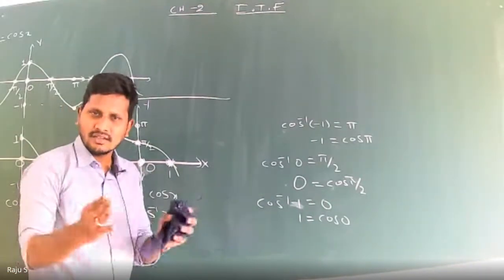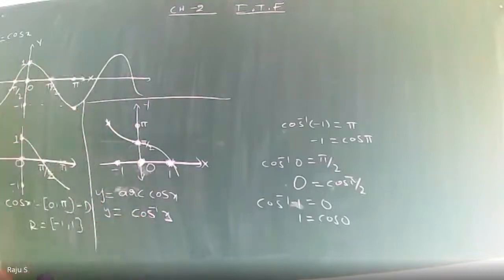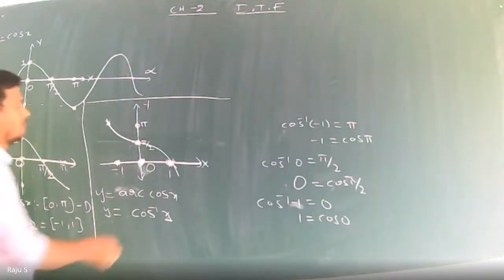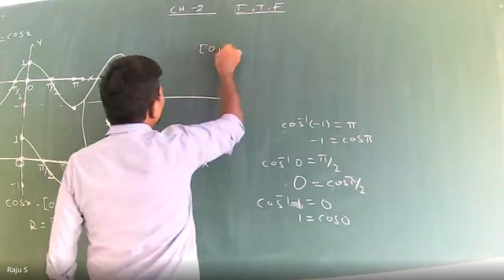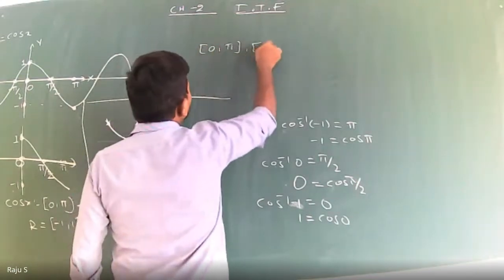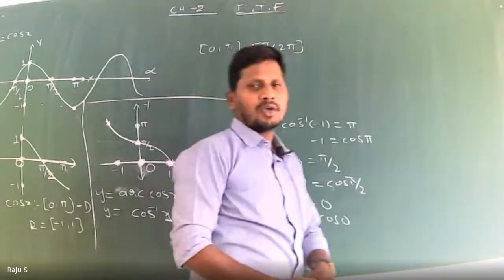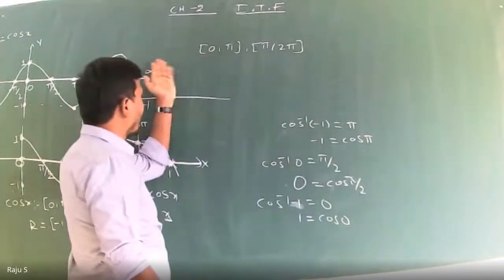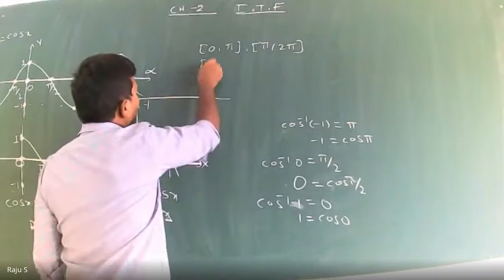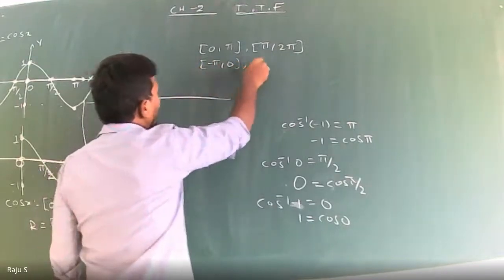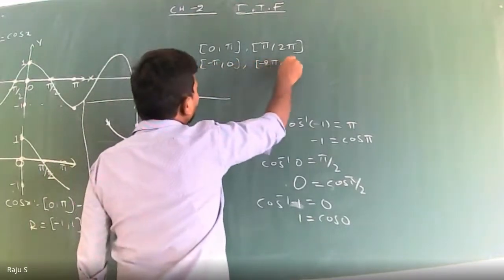I restricted the domain from minus infinity to plus infinity down to 0 to pi. Not only 0 to pi, you can take pi to 2 pi, 2 pi to 3 pi, 3 pi to 4 pi, and on the left side also, minus pi to 0, minus 2 pi to minus pi.